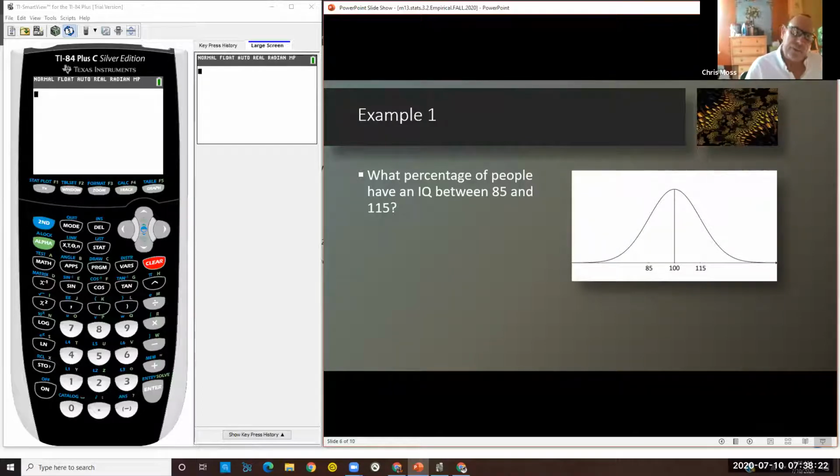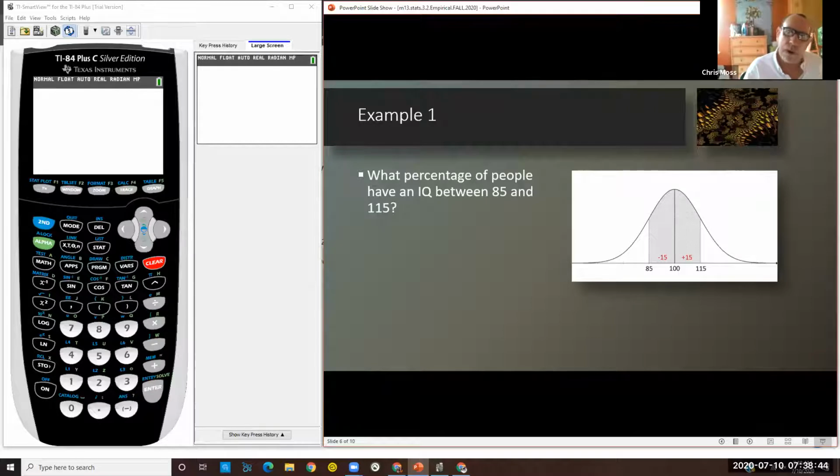We're looking at the percentage of scores between 85 and 115. Adding and then subtracting that 15 points gives us the 115 and the 85 at either end. So really, I want to know the percentage of points that are within one standard deviation of the mean.